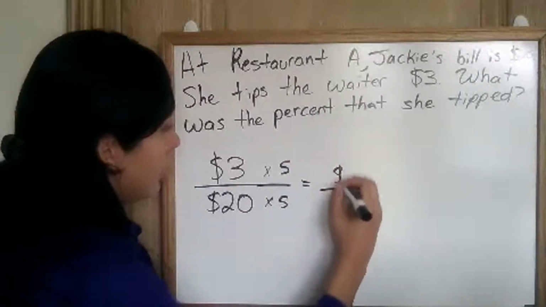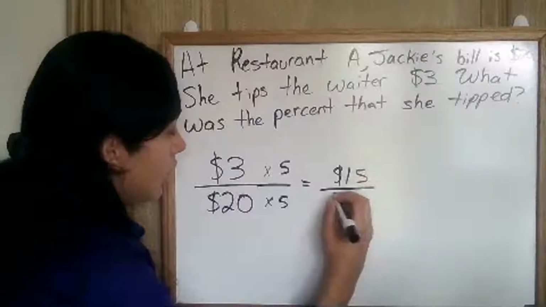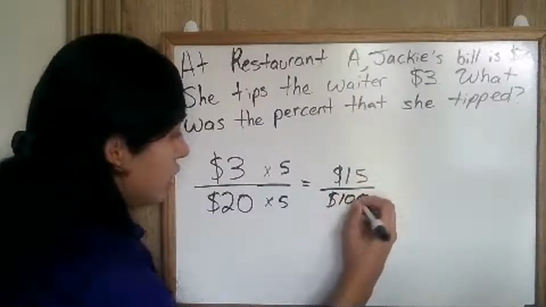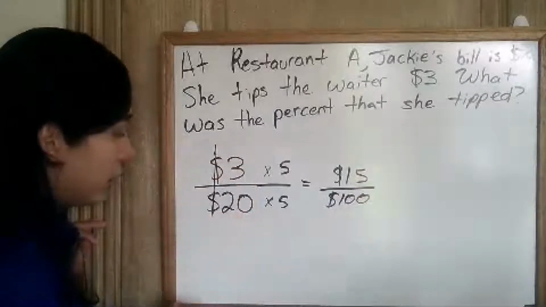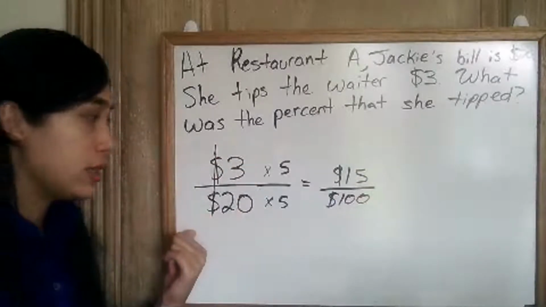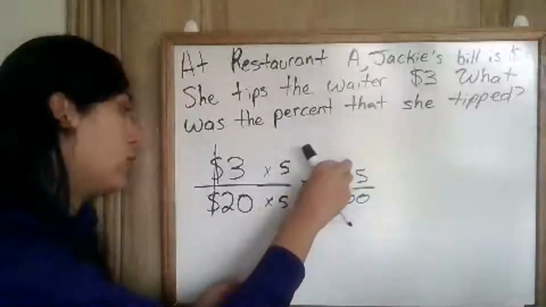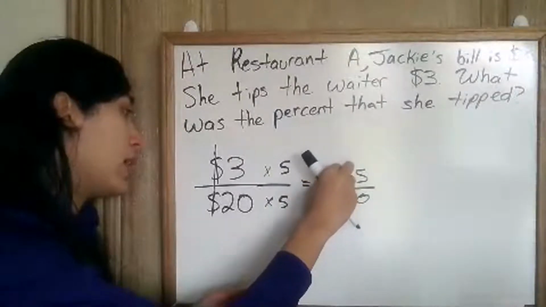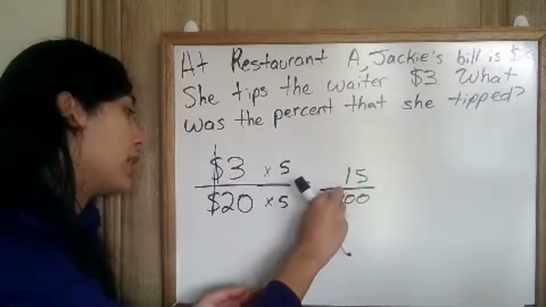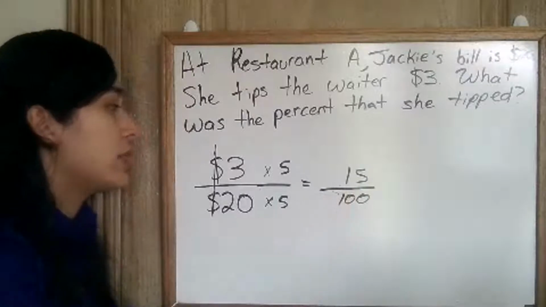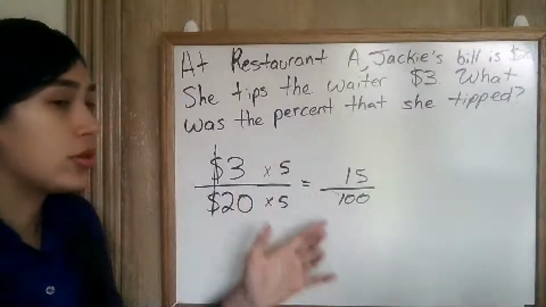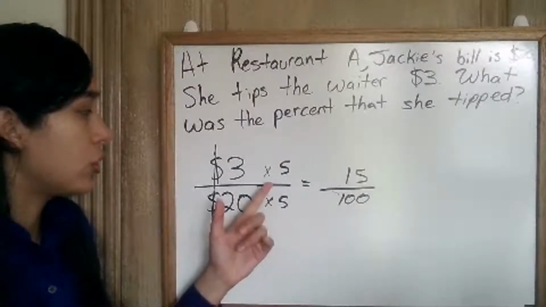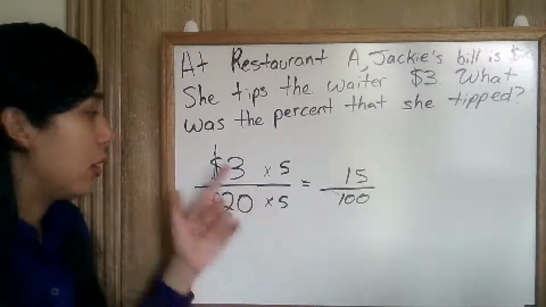End up with $15 out of $100. Just for the sake of argument, we're going to get rid of these dollar signs to make it easier when we're carrying over, and also because it might confuse us later on. Now we're talking more theoretically, because we're increasing the numerator and denominator evenly.